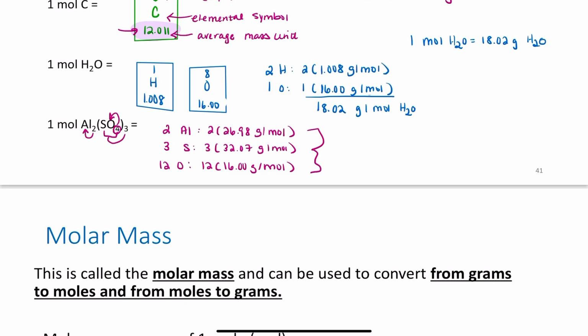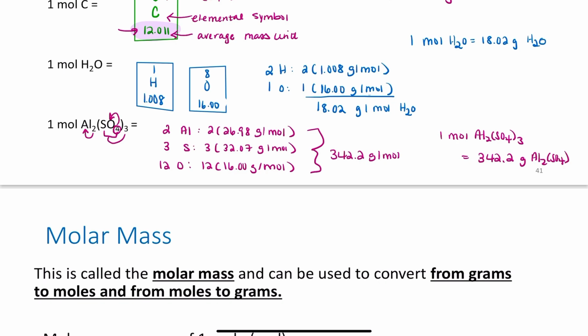When I add all of this up together, I get 342.2 grams per mole. So 1 mole of aluminum sulfate is equal to 342.2 grams of aluminum sulfate.